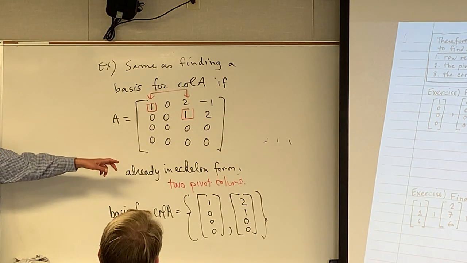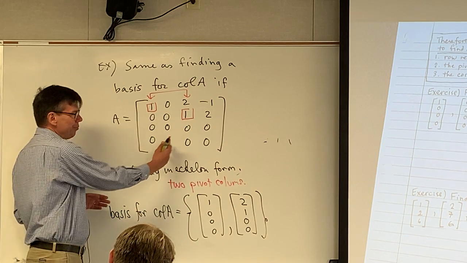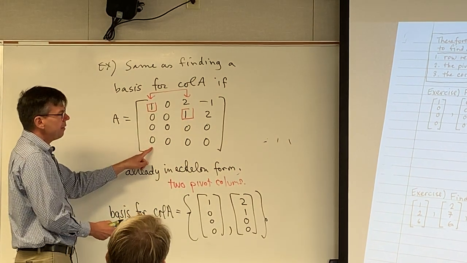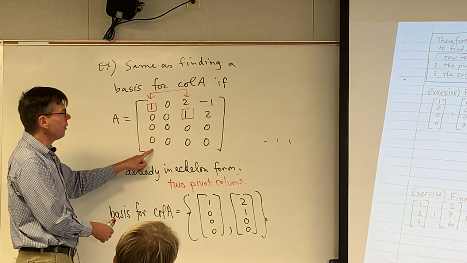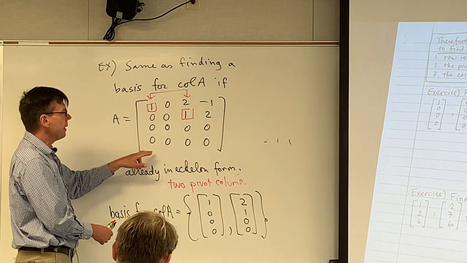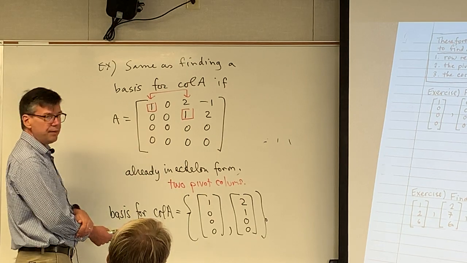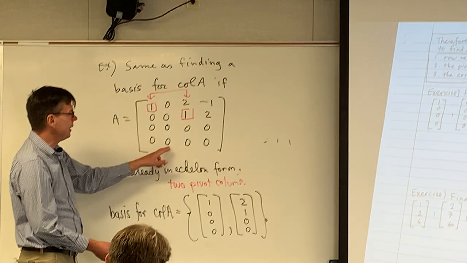Now, why does it just come down to that? Can you believe that these 2 columns will span the column space of A? Or another way to think of it is, can I get the other columns as a linear combination of these 2? And actually, you certainly can get 0.